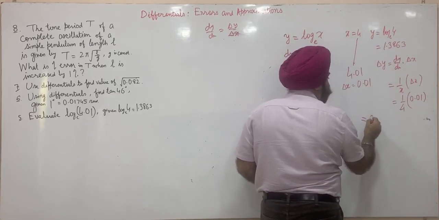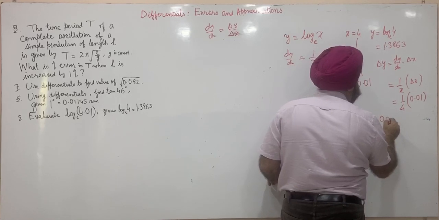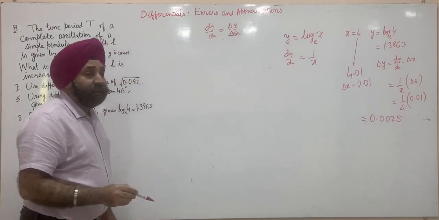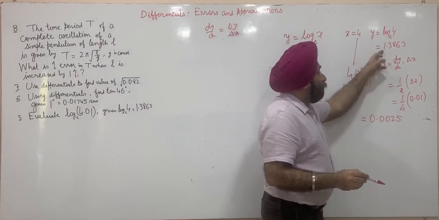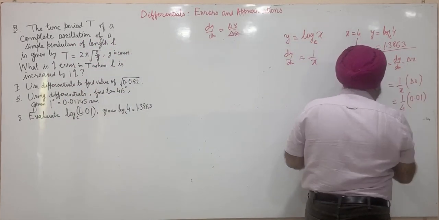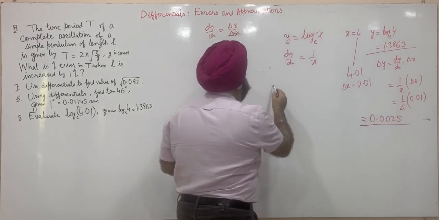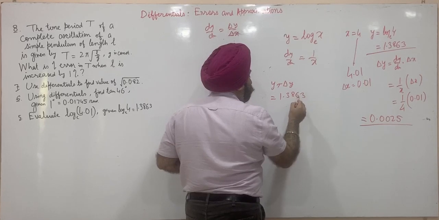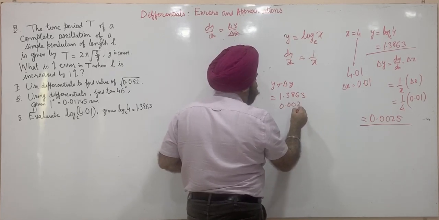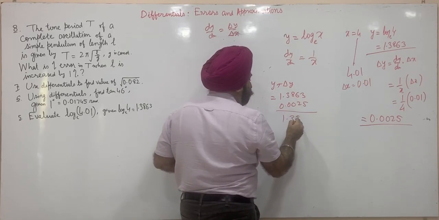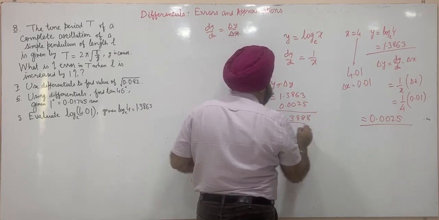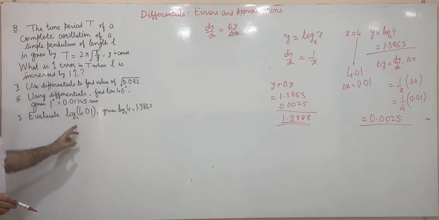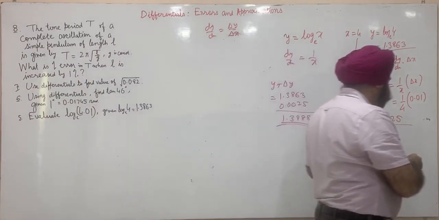So this will be 0.0025. This is the change in value of y. The initial value of y is known, to this we add the change, and y plus delta y will be the final answer. So this is the approximate value of log of 4.01 to the base e.